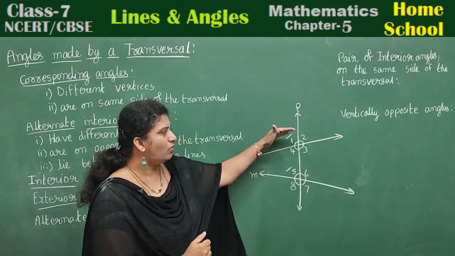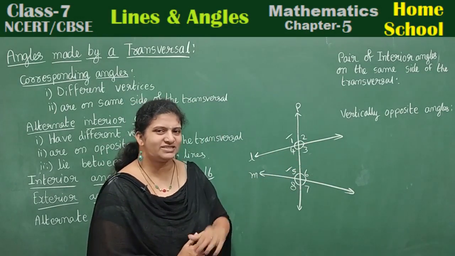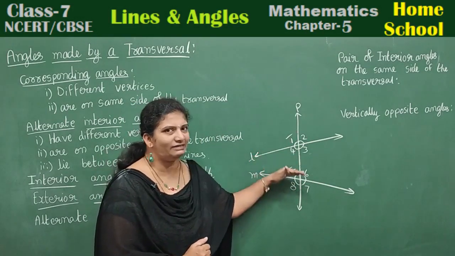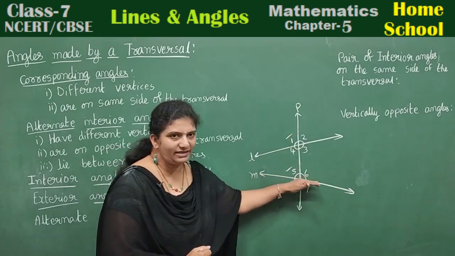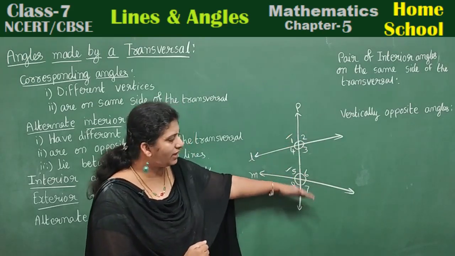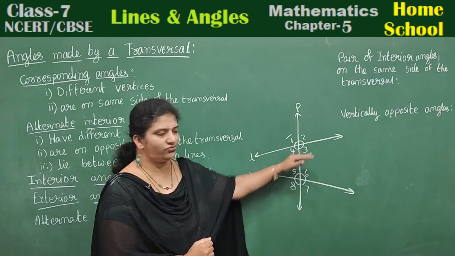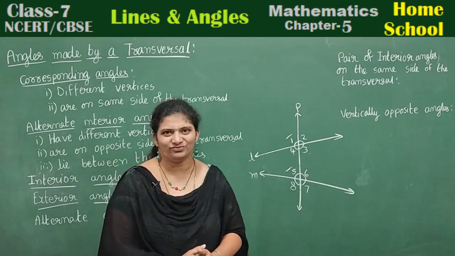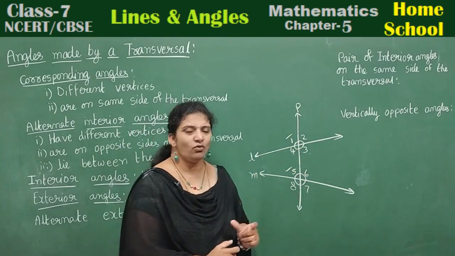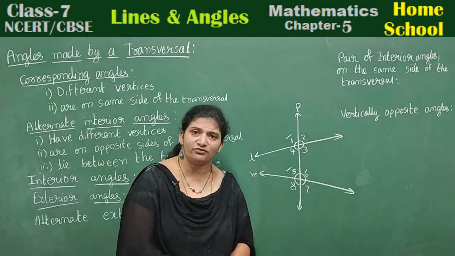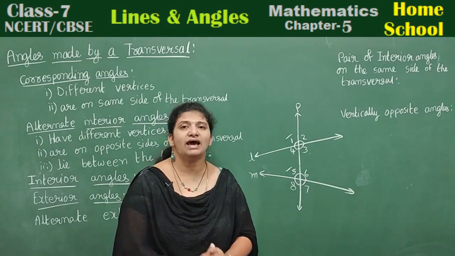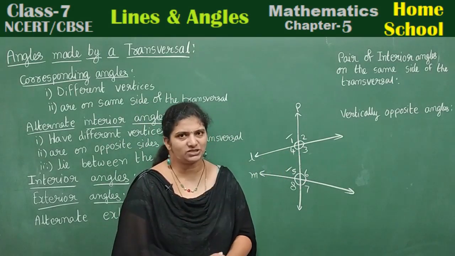Corresponding angles are one below the other. Just imagine, one below the other: angle 1, angle 5; angle 2, angle 6; and when I come from down, angle 7, angle 3; angle 8, angle 4. Right? So now what are corresponding angles? The 2 angles must be from different vertices and they lie on the same side of the transversal.